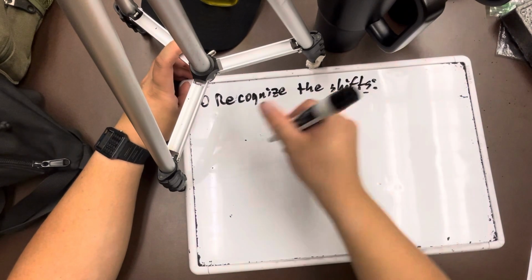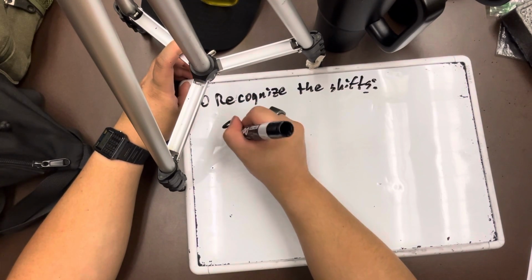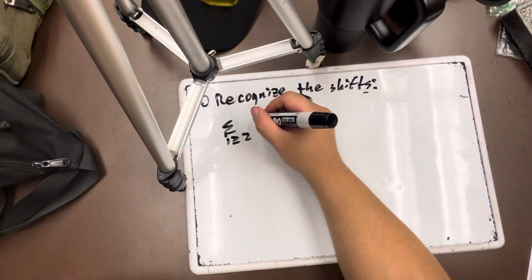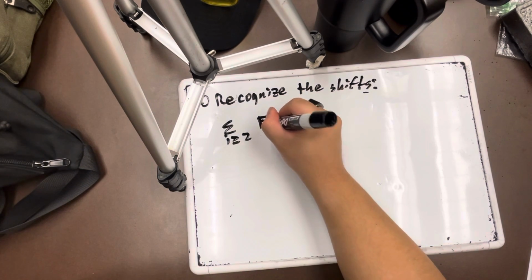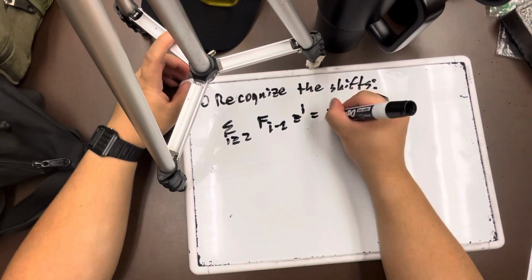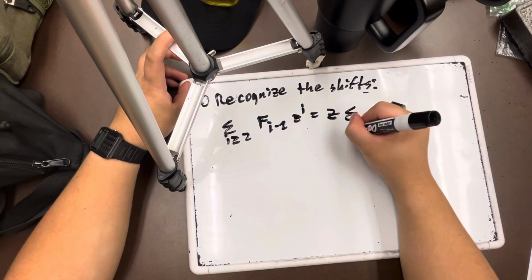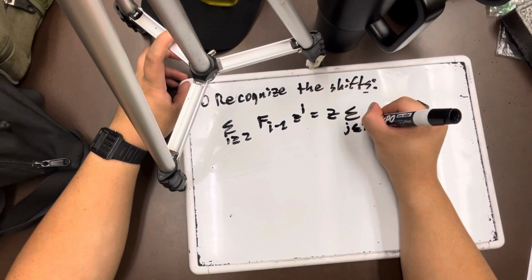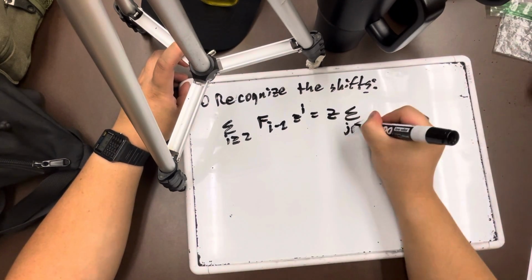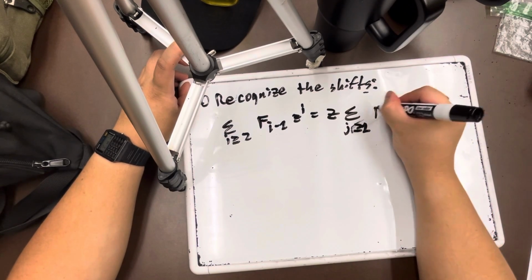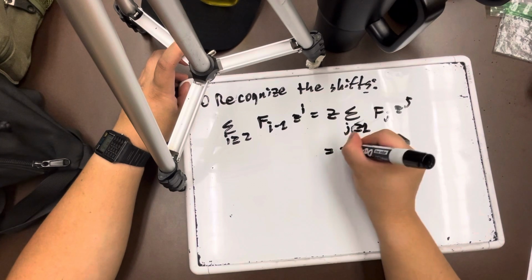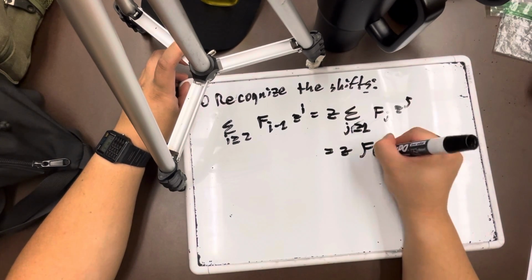So what I mean by this is we have the summation over i greater than or equal to 2 of f sub i minus 1 times z to the i is equal to z times the summation over j greater than or equal to 1 of f sub j times z to the j, well, that's equal to z times script f of z.